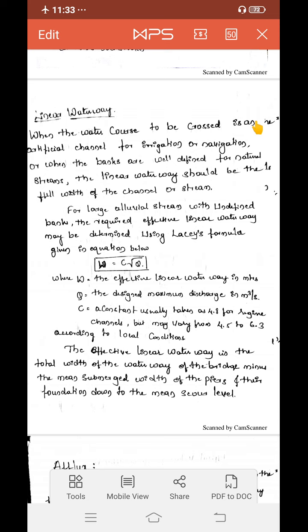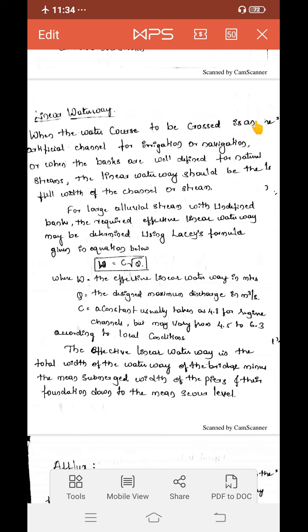So the first one is the linear waterway. When the water course to be crossed is an artificial channel for irrigation or navigation, or when the banks are well defined for natural streams, the linear waterway should be the full width of the channel or stream. If you just read the name, you can understand what it is.